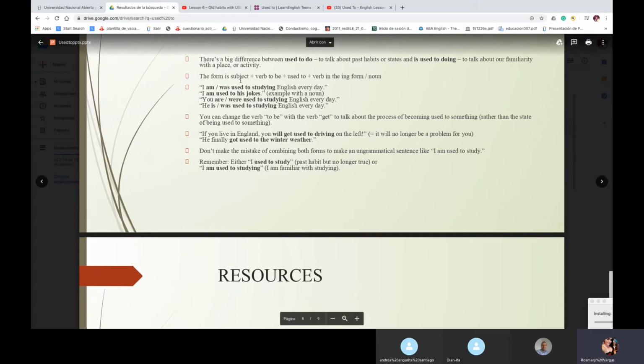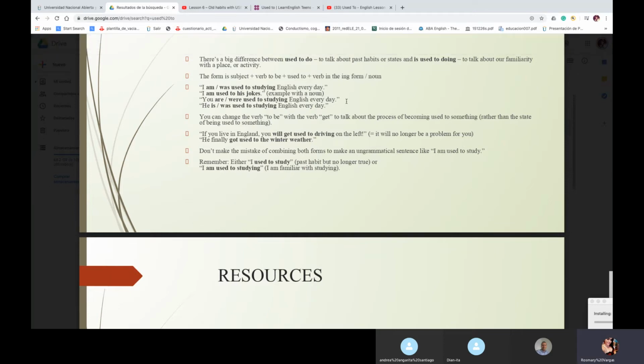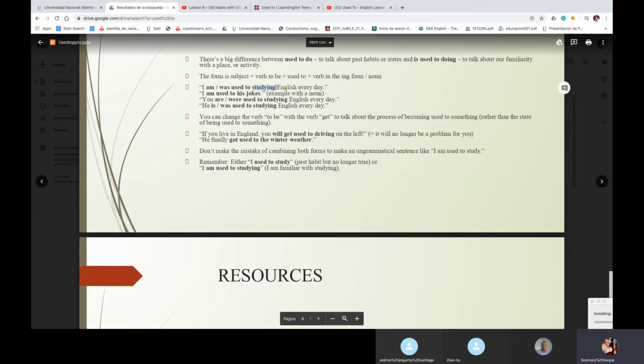How we form it is subject plus the verb to be plus used to plus the verb in the -ing form, or gerund. So I can say I am or I was used to studying English every day. So we are using the gerund form.